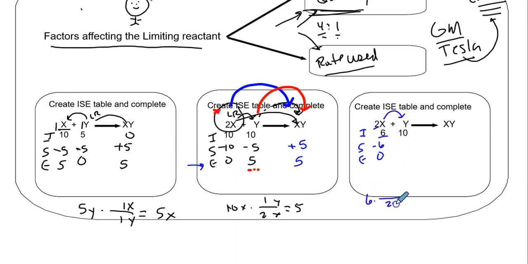Get rid of 2 X's and go to 1 Y, and it's going to be 3 Y's. Minus 3 is the same ratio, all right, plus 3. I have 7 left, and I have 3 total. This is my answer. Again, I didn't have to do anything here that would have caused me to try and figure out what the limiting reactant is.